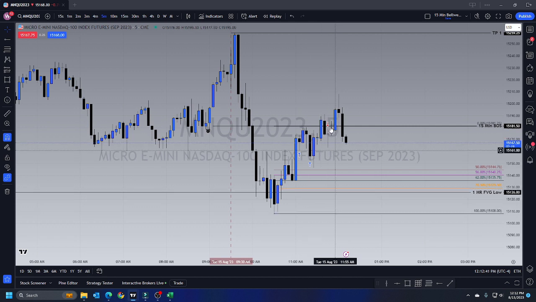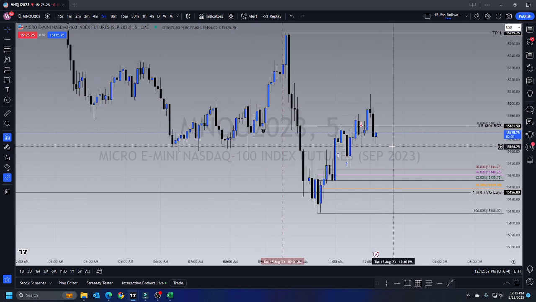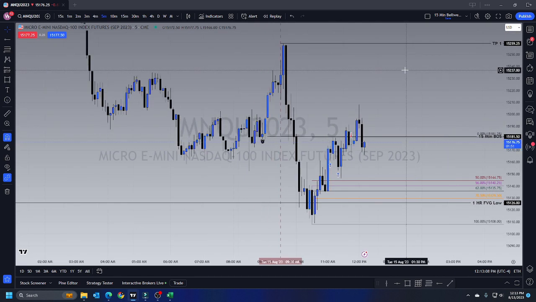Usually I'll keep my stop down here and let it run, but based on time of day and what I do see happen over lunchtime between 12 and 1:30, sometimes you get all kind of chop, and I'm not willing to sit through and hold that stuff most of the time during lunchtime unless I have an extremely strong daily bias, depending on what the chart's telling me. I did not have that strong of a chart today in order to hold through all this choppiness, which is why I moved the stop loss up.